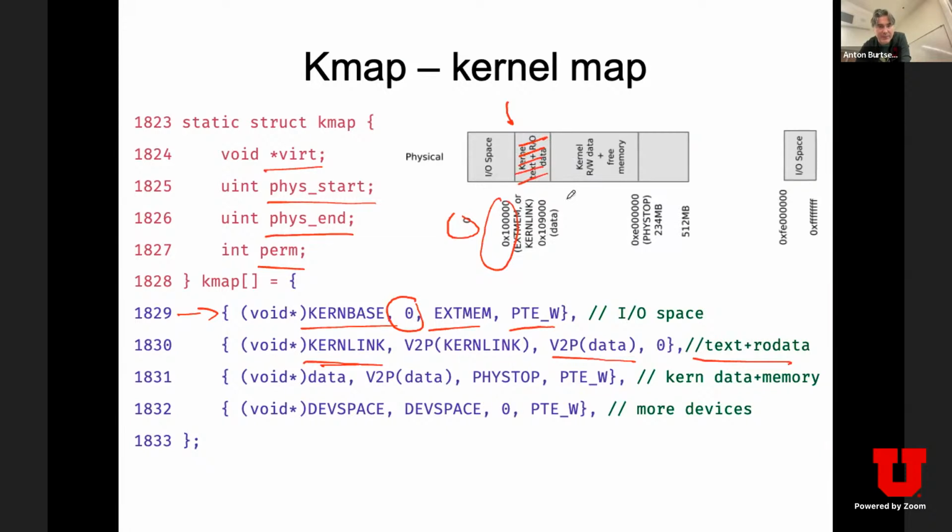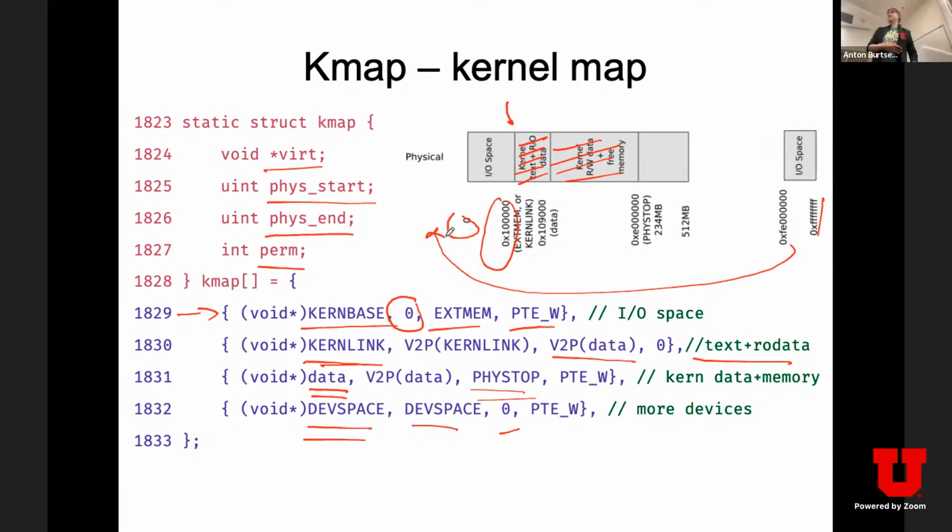This one is the second one. The third one starts from data and goes to PHYSTOP. That's this region. And the fourth one is DEVSPACE to 0. It's a little bit of trickery here because 0 kind of overflows the address space back to 0, but that's the end of the address space.